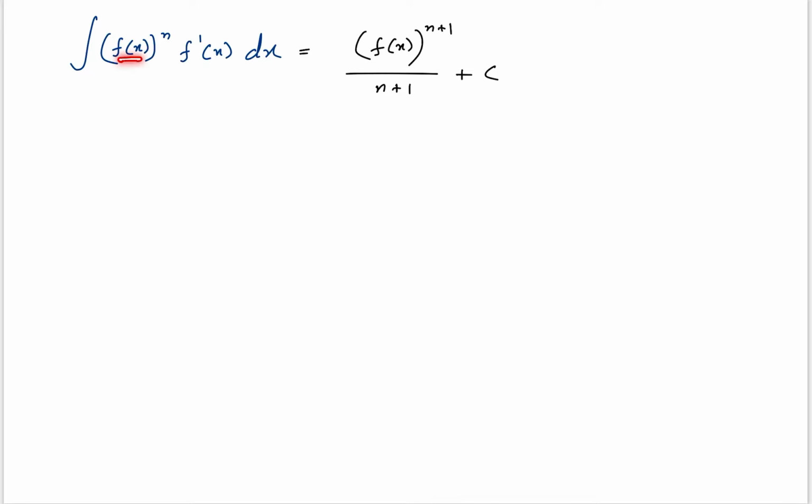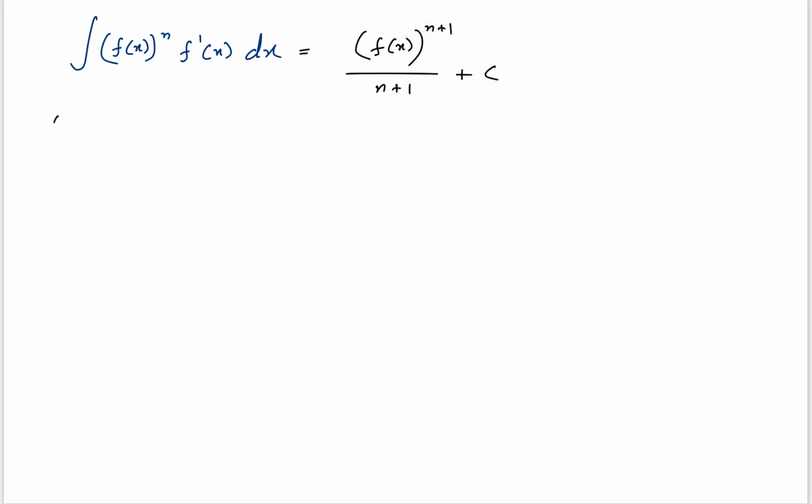I hope you are listening, David. There is a function with a power on it, and the derivative of the inside function exists near that function. Then what will be its integration? We will increase the whole power by 1 and divide by the whole power.